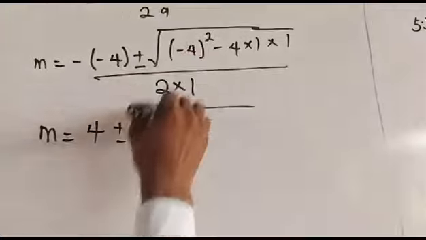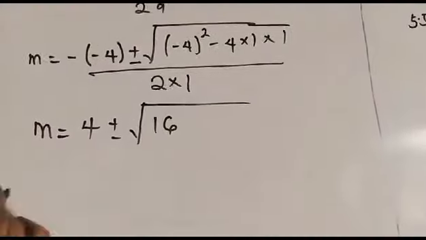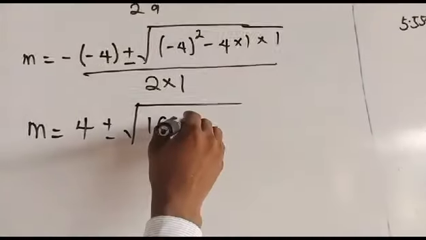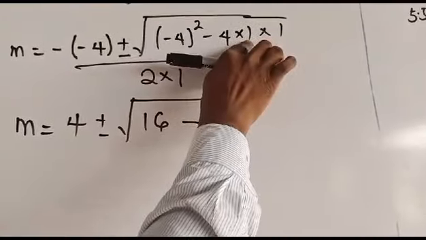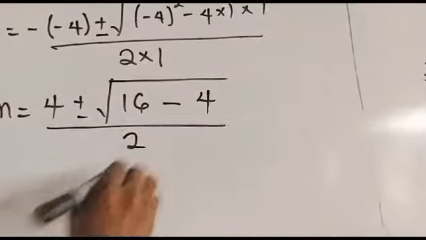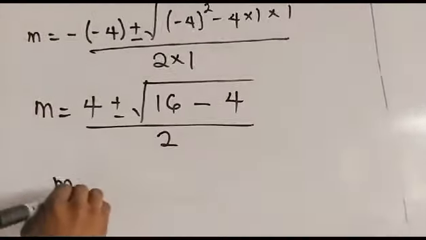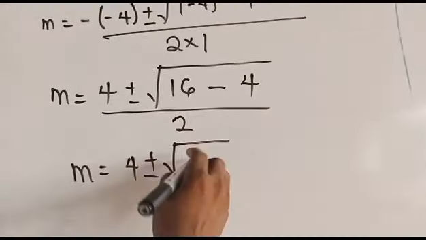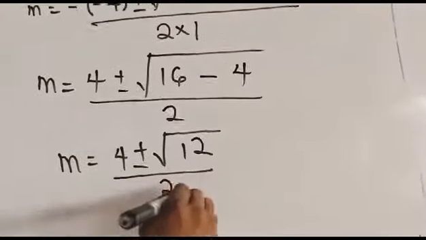Minus 4 squared is 16. Anytime you are squaring a negative value, make sure you put it in brackets. Minus 4 times 1 times 1 is also minus 4, over 2 times 1 is 2. So if I simplify, 4 plus or minus the square root of 16 minus 4, which is 12, over 2.